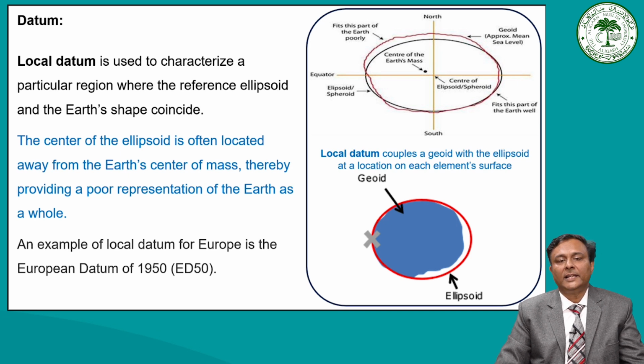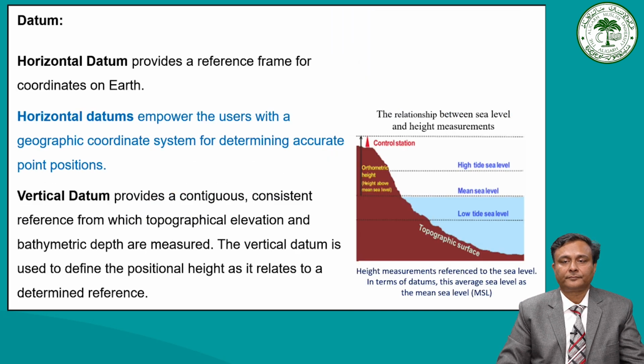The center of the ellipsoid is often located away from the Earth's center of mass, thereby providing a poor representation of the Earth as a whole. A good example can be Europe being represented by ED50. It is more directed towards representing smaller European countries in the continent of Europe.